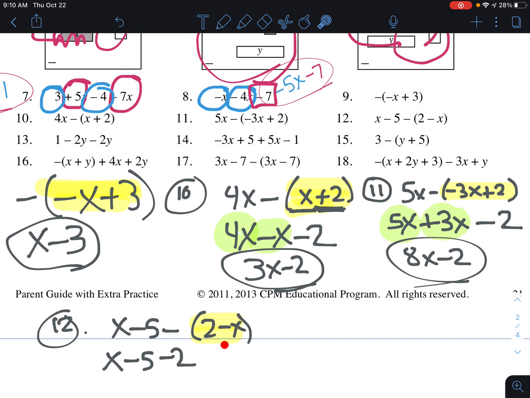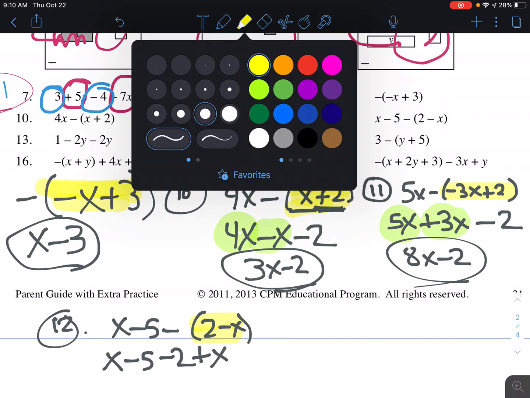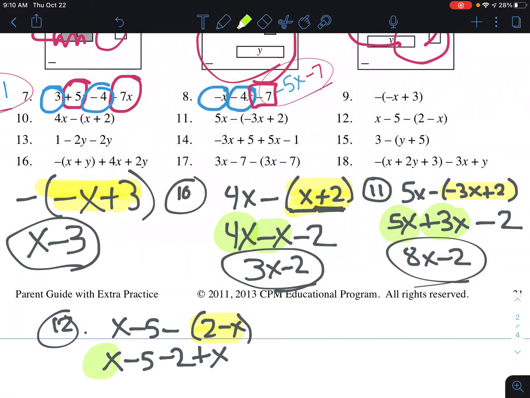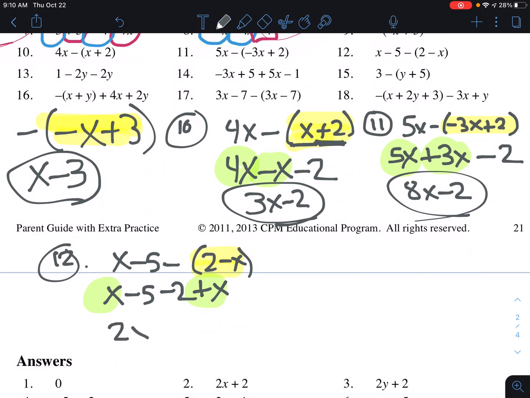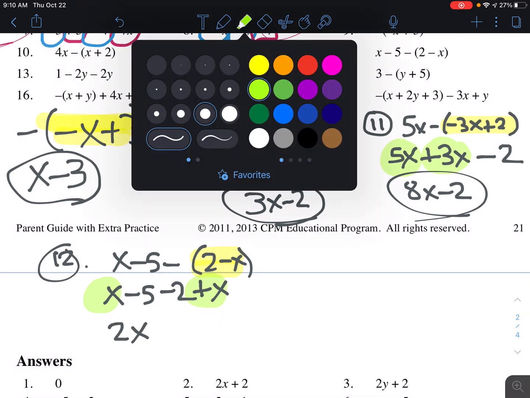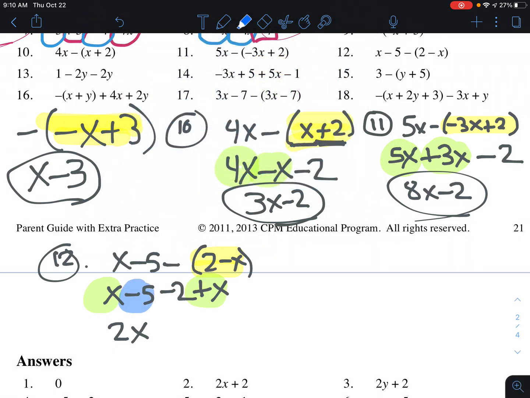This x inside right now is a minus x, and so now it's going to get flipped to a plus x. And so now when I go to combine like terms, I have an x and I have a plus x. That leaves me with 2 x's. And then we also have a minus 5 and a minus 2. It's like saying negative 5 and then 2 more negatives, and now we have 7 negatives, and I write that minus 7.